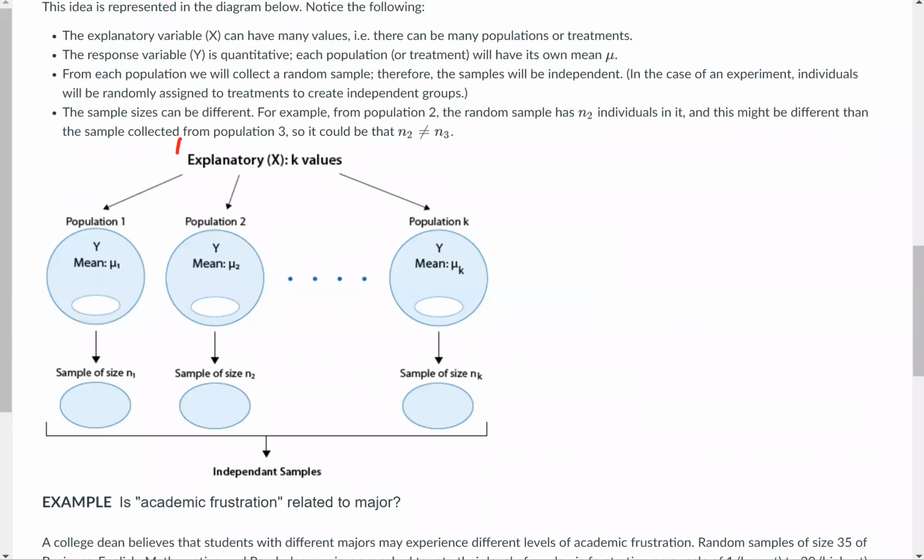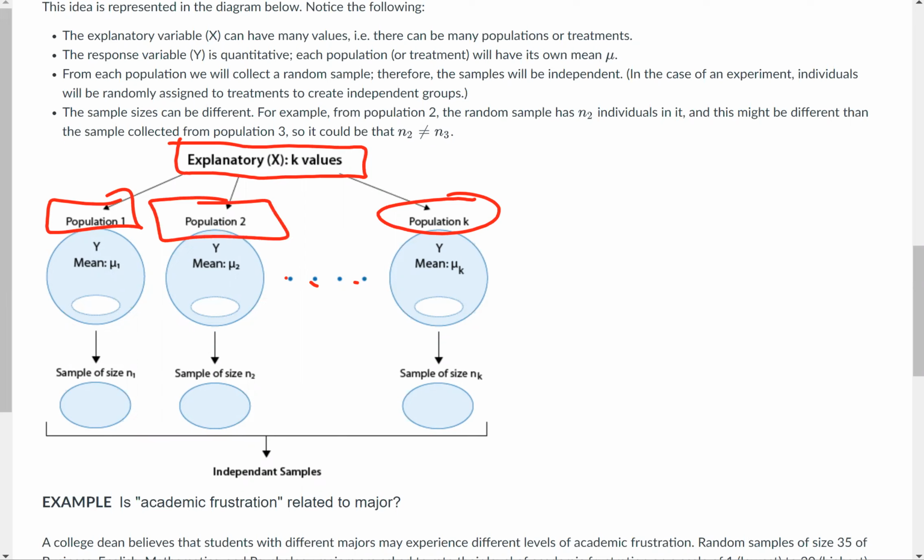In this diagram, we're imagining that we're comparing K populations, where K could be any positive number, 1, 2, 3, 4, and on, just some finite number, not infinite, of course. The dot, dot, dot indicates that. So there's a population 1, population 2, and then up to however many populations you want. In this example, we'd have 4, the one about the freshman, sophomore, junior, senior classes. Each one of them would have their own mean.